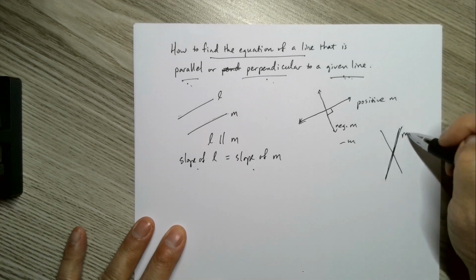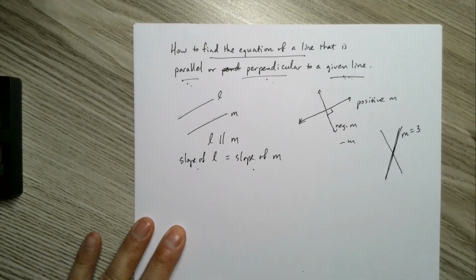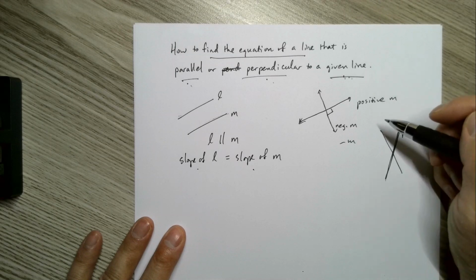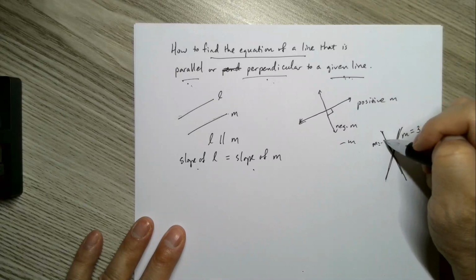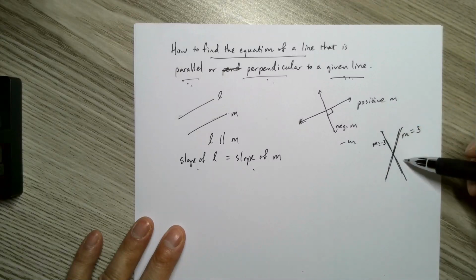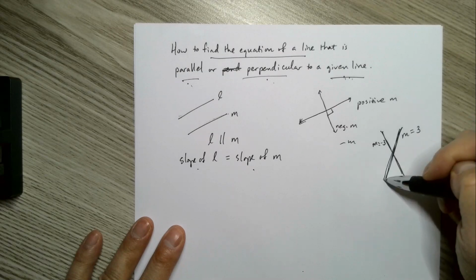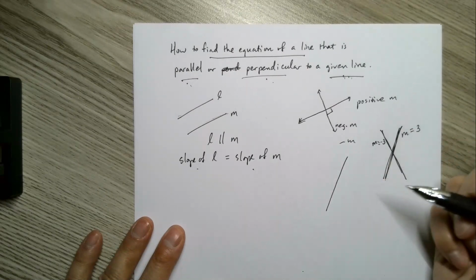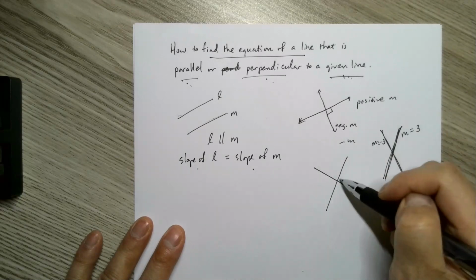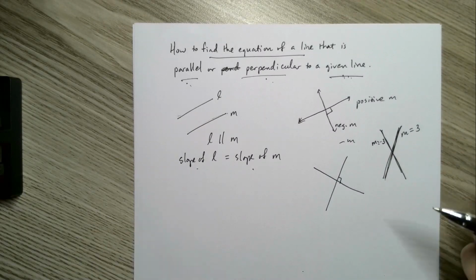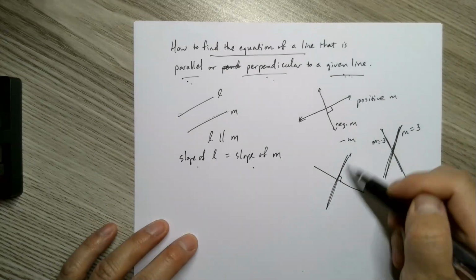So we'll say, what if the slope here is 3? This one would have a slope of, it looks like negative 3, but those are definitely not perpendicular to each other. If this is a steep slope, the line that is perpendicular to that is going to be negative, but it's not going to be the same steepness as this line.